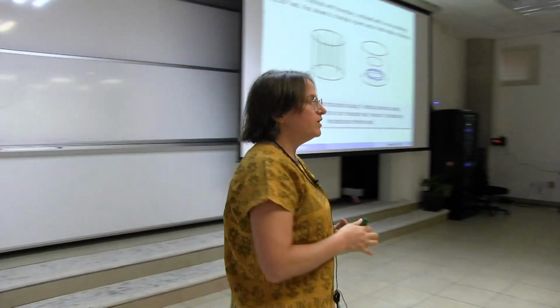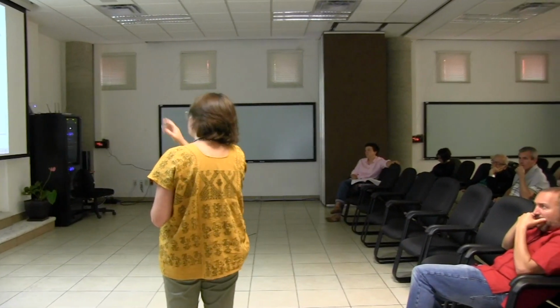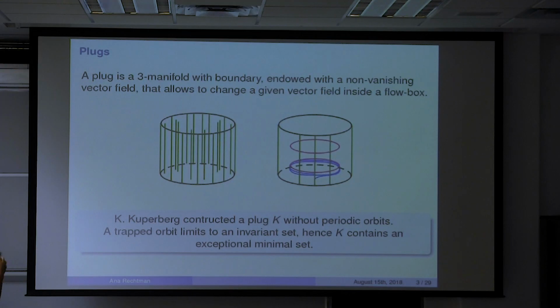Okay, so a plug basically has those, I didn't write it down, but it has this: it's a three-manifold with a non-vanishing vector field that you can embed, preserving this vertical direction, that has points that enter the plug and will never exit.